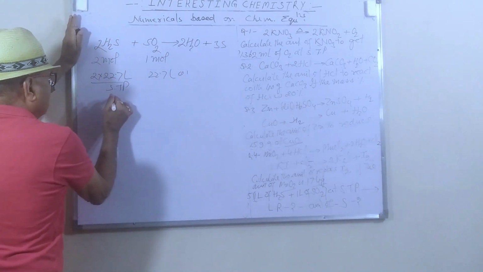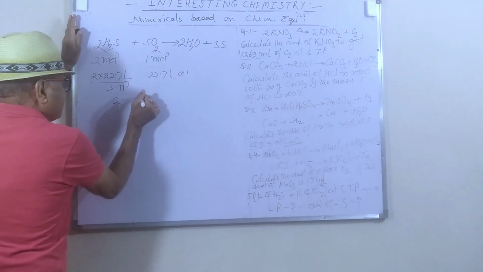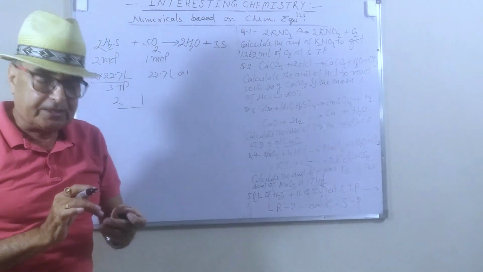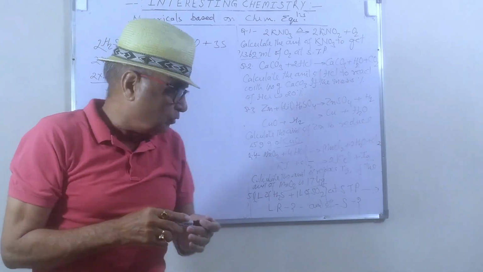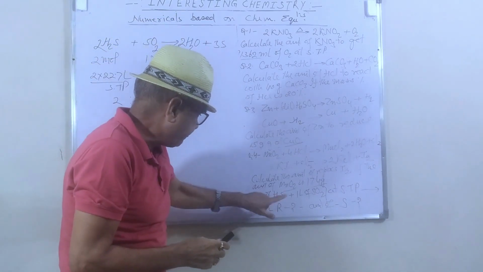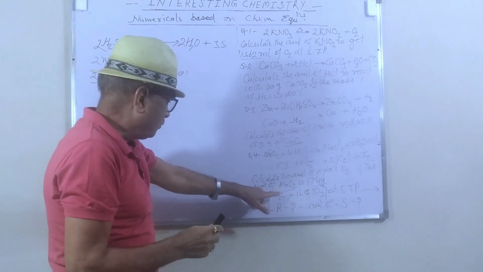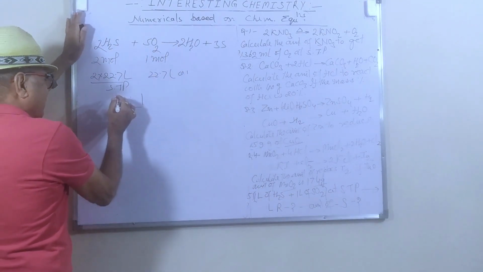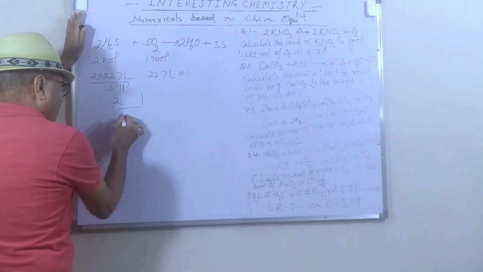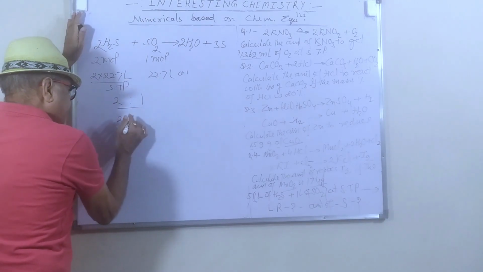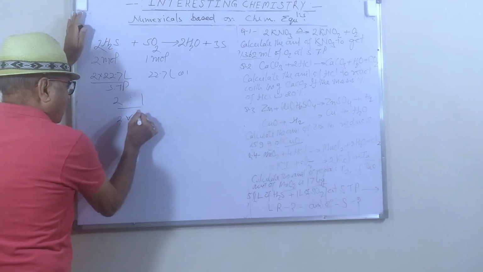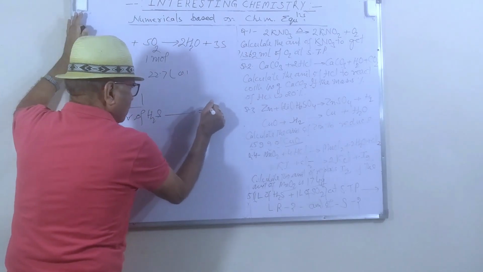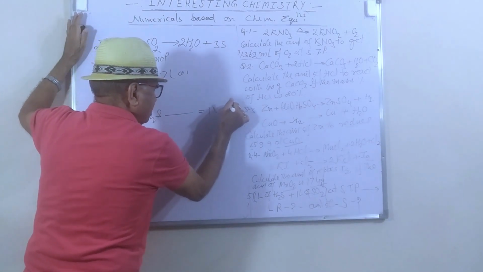So the ratio of the volume is 2:1. H2S and SO2 react in this ratio, so the volume must be in 2:1, but it is given in 1:1. So you can write 2 volume of H2S reacts with 1 volume of SO2.